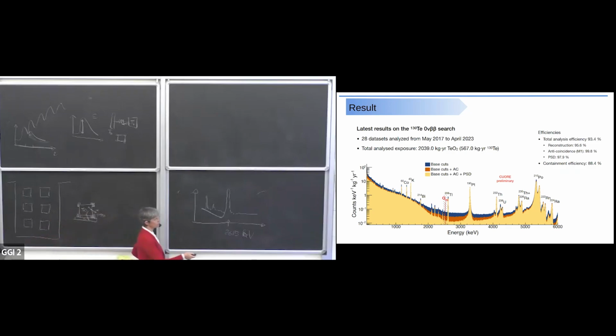This is very effective in removing the background. And then we also add pulse shape analysis to remove deformed signals. For each cut, we have to evaluate the efficiency, therefore the amount of double beta decay signal that we may lose applying that cut.